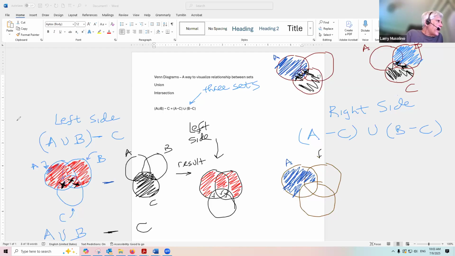So let me write that part of the right-hand side. Now we want to do B subtract C, and maybe I'll do this in red. Here's B. I want to shade this in, but I don't want to shade the C part, because remember, I'm subtracting that out.